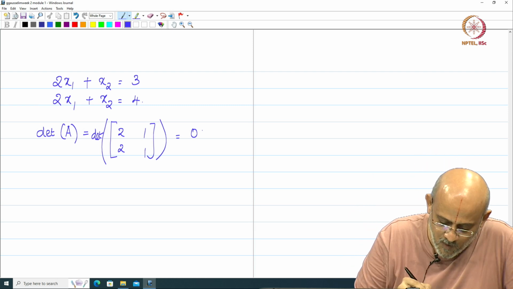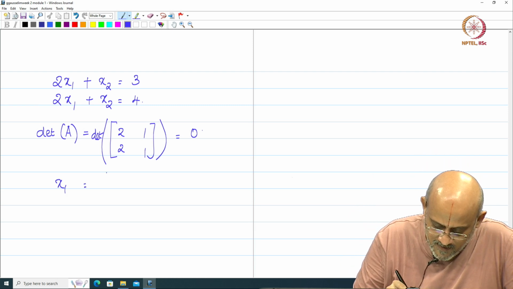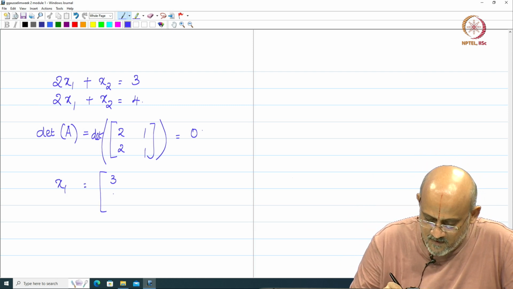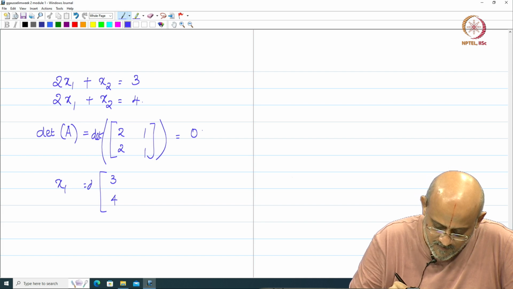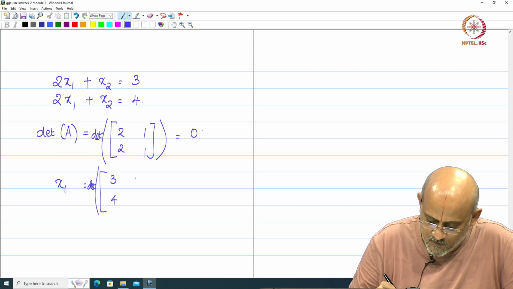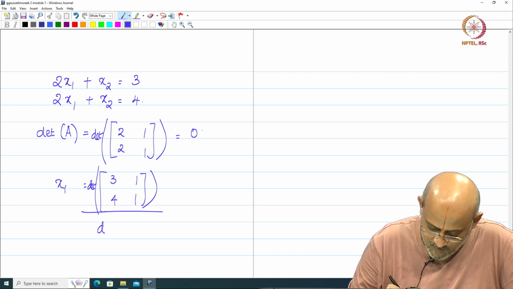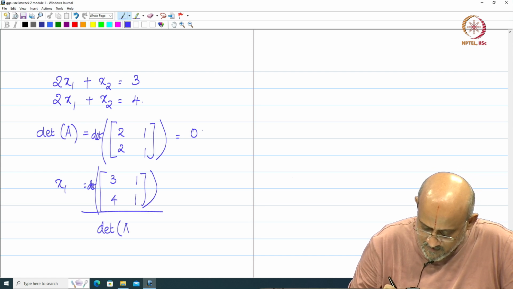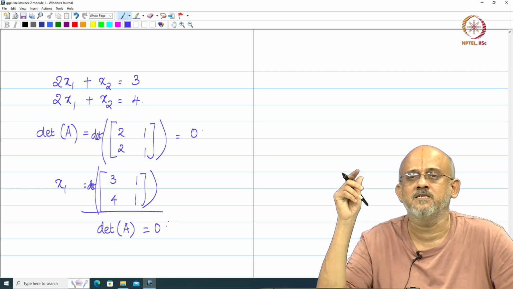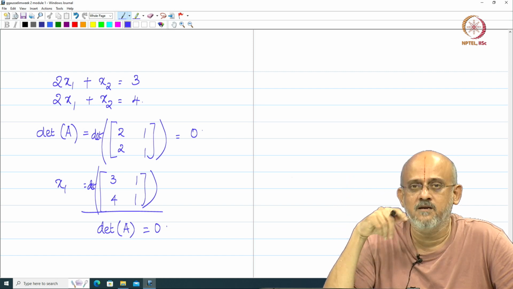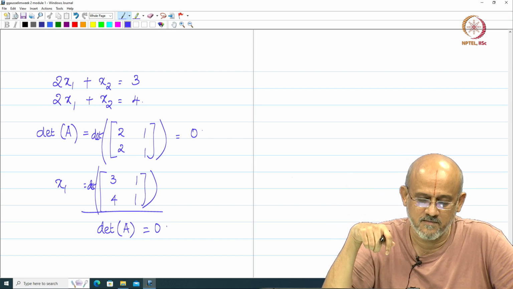Why? Because if I want to find out x1, I will replace the first column with 3 4, determinant 3 4 1 1, by determinant of A, and that determinant of A is 0. Oh, that is a problem. So we got into this divide by 0 problem, right.